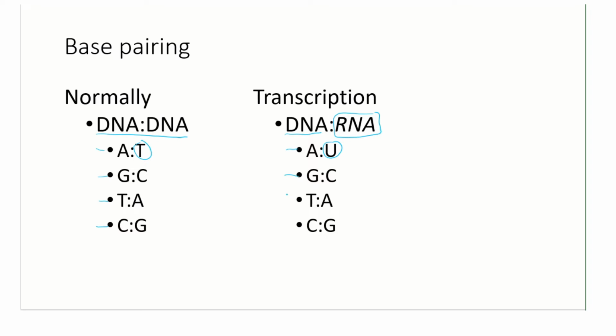If you have a T in DNA, the RNA will still be an A, and then C to G. So again, this is DNA and this is RNA. In RNA, our T's are not there, they're U's.